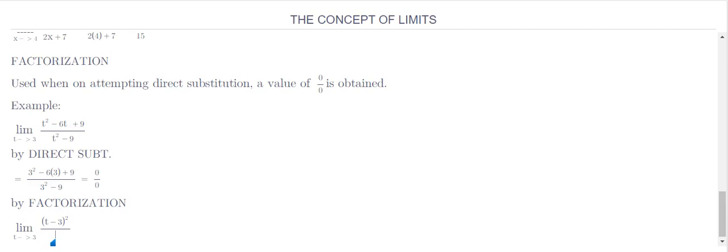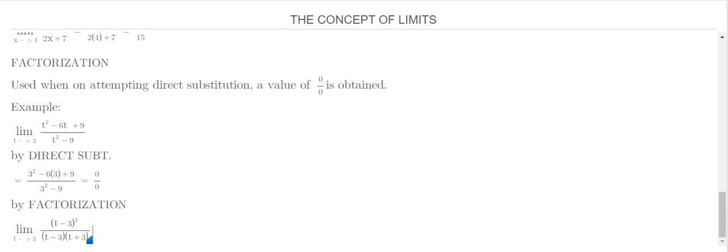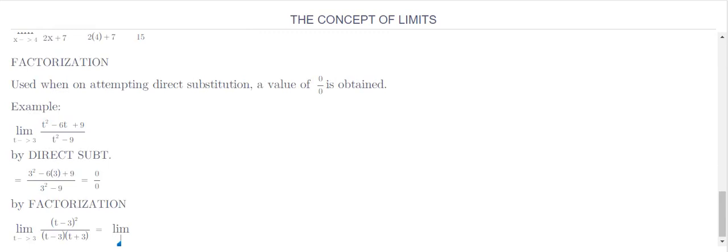And our denominator is a difference of two squares, and it can be factorized into t minus 3 times t plus 3. Now if you check well, t minus 3 will cancel with one of the t minus 3 in the numerator. So at the end we will be remaining with the limit as t tends to 3 of t minus 3 over t plus 3.